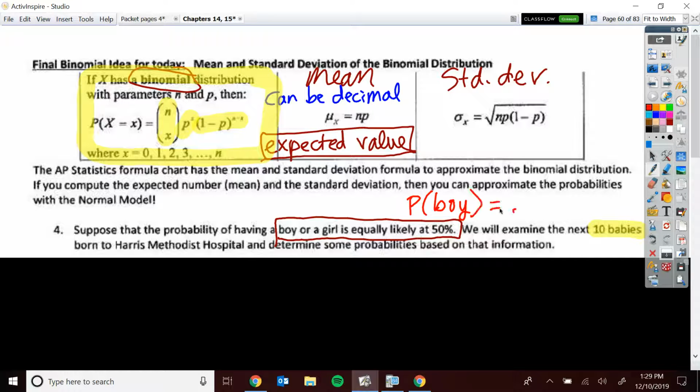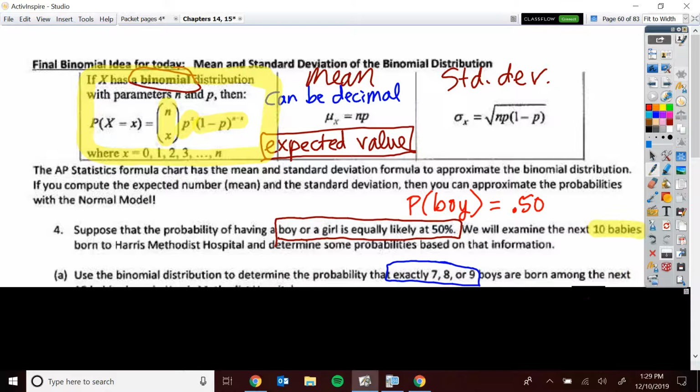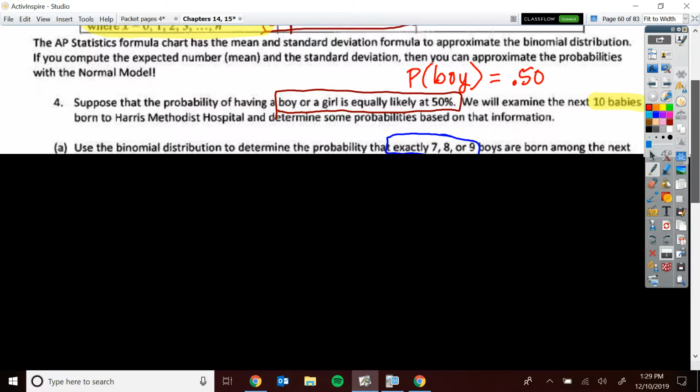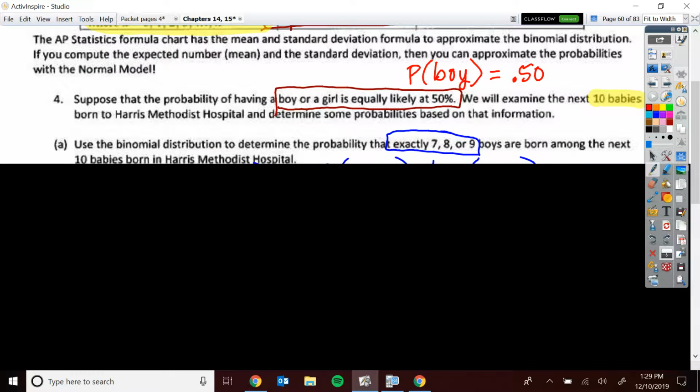Okay, so go through the process to find the probability that you will have exactly 7, 8, or 9 babies that are boys out of those 10. Okay, so do that. I'm going to give you a few minutes for that. About a minute and a half.